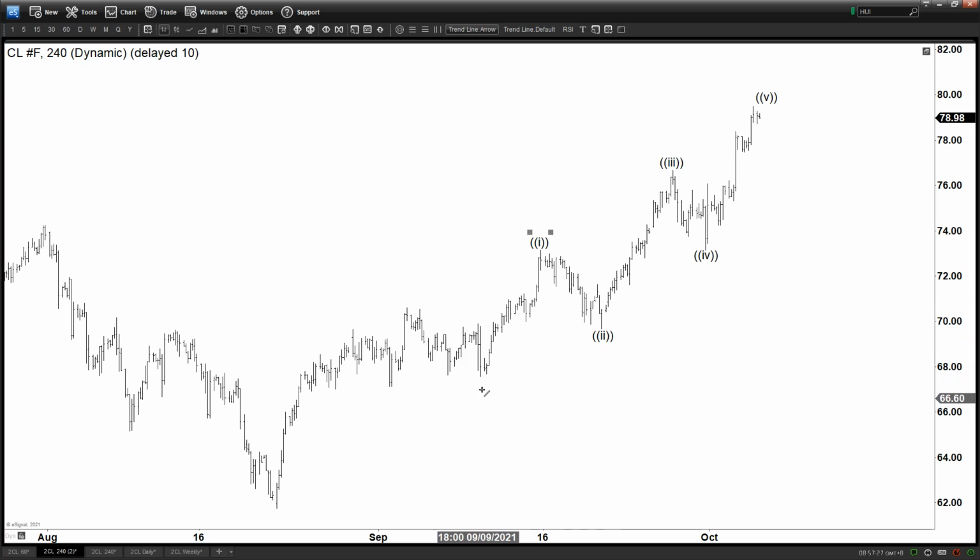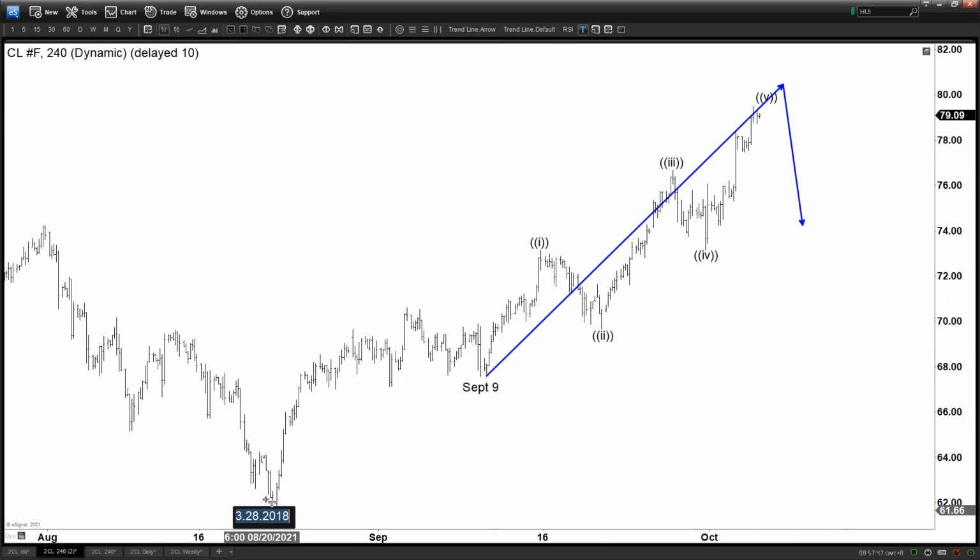If we assume we're going to start from here, September 9, then we're going to be ending this cycle right here, and then we can get a correction of this entire cycle. Now, by the way, we also have August 23rd, which is another important low.